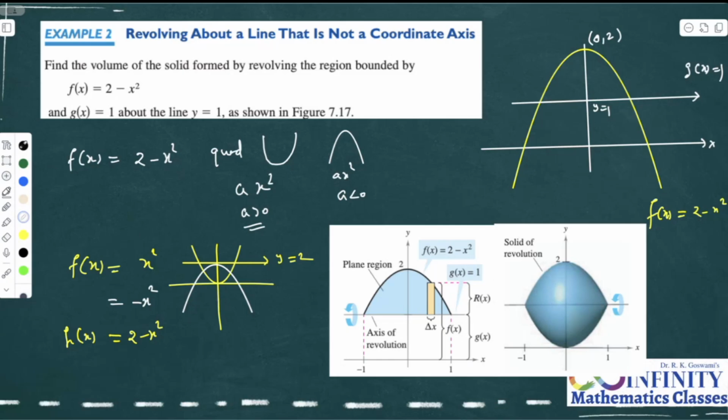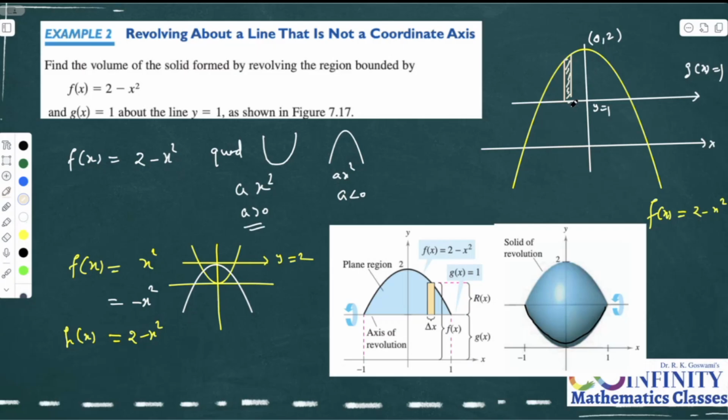Any doubt? No. Now the question is how we can find the volume. I do have the same method, that is the disk method. In the disk method, what I need is just the radius. Can you please help me if I take a vertical strip like this?